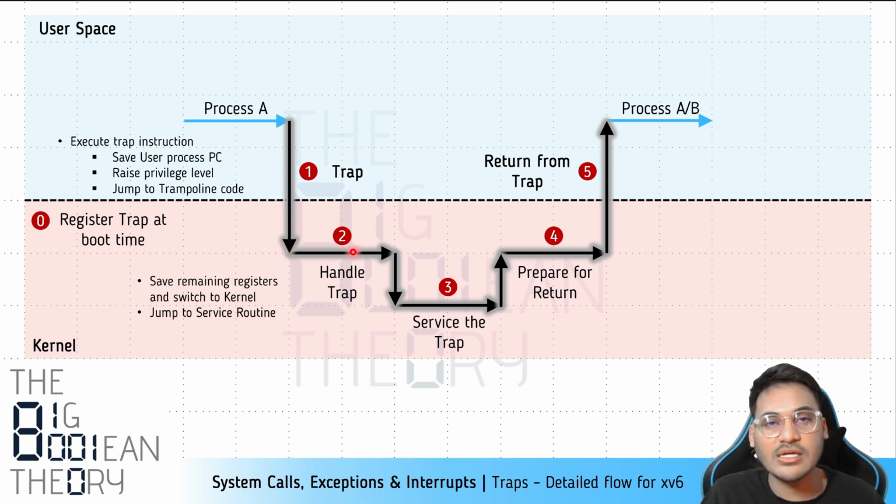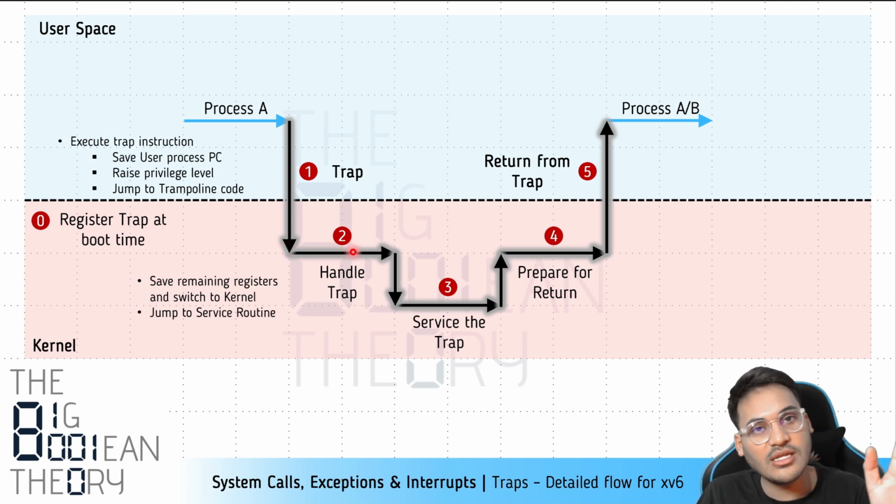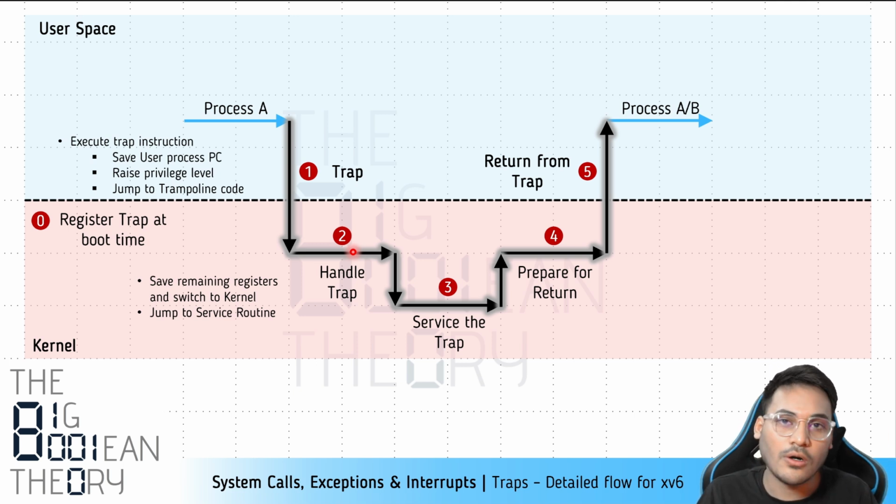In the second step, we executed the trampoline code to save the registers, basically the stack pointer and the GPRs, into the trap frame. The program counter was already saved. We did not need to save the address space pointer. Then we switched all of those registers to that of the kernel. So the logic of all this saving and switching is in the trampoline code. Once the switch to the kernel was complete, from the trampoline code we jumped to the trap handler.